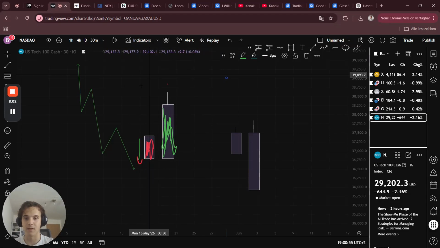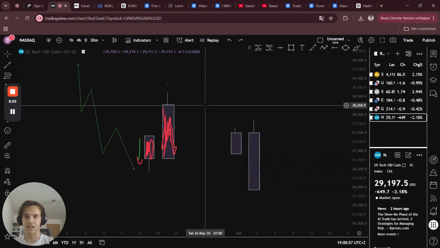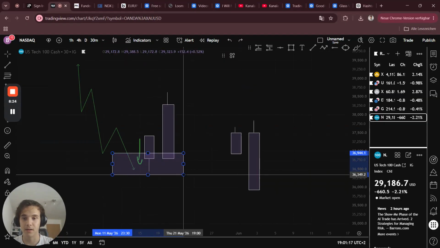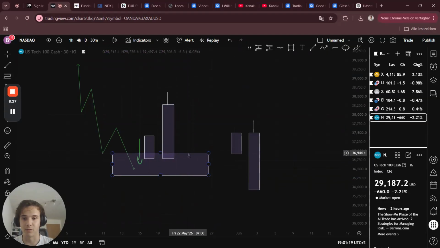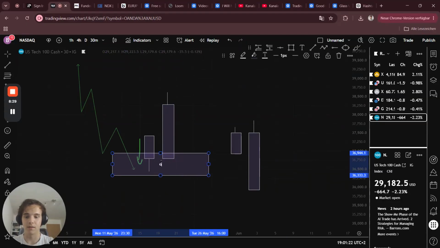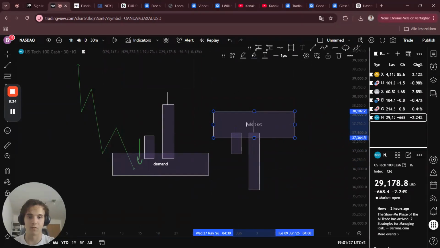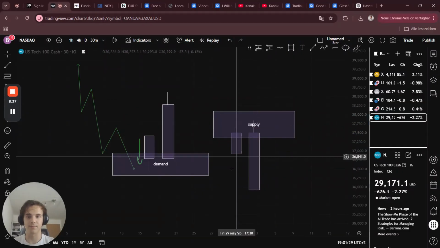What is important about an engulfing pattern is that the candle after the down move has stopped, and we are at an area of supply or an area of demand. This, for example, would be our demand, and this, for example, our supply.